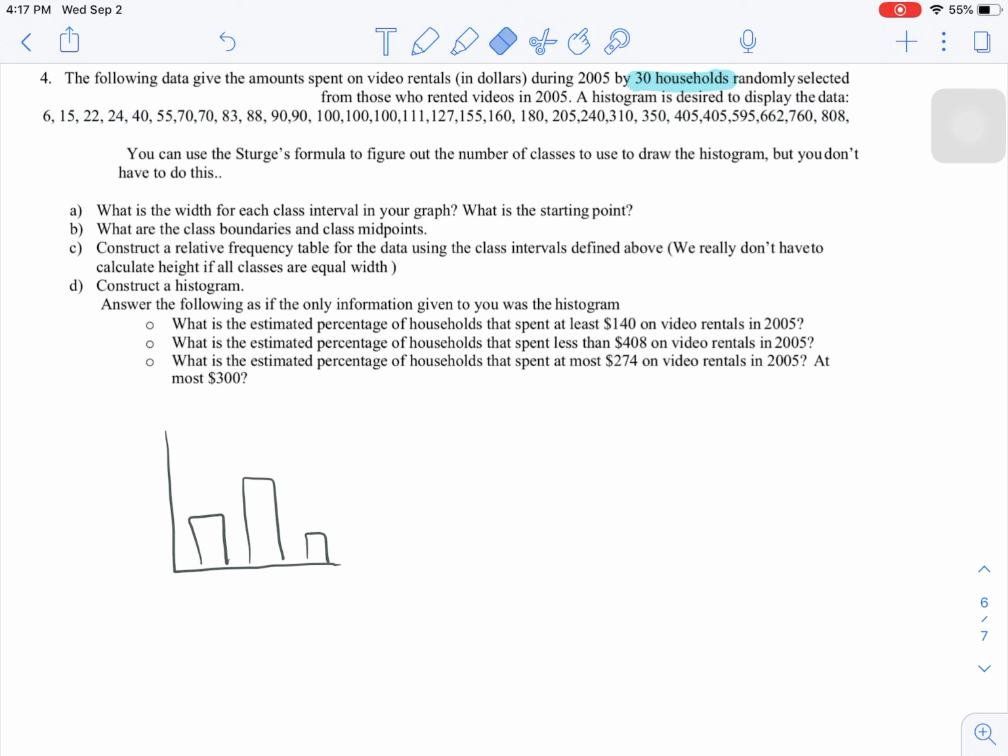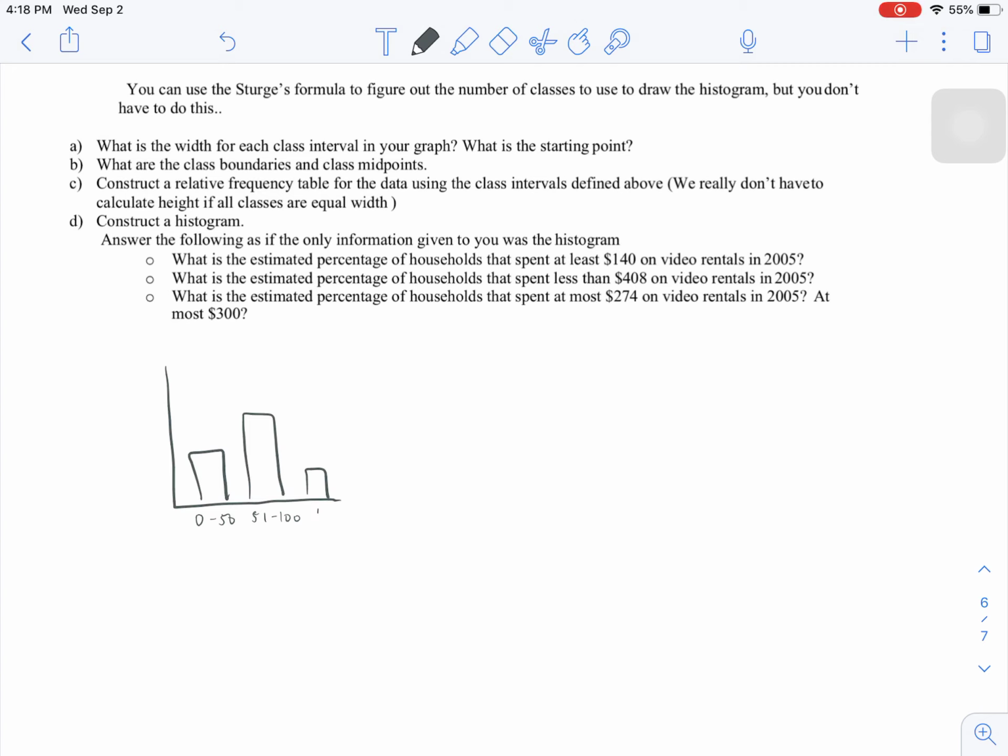And so our histogram consists of a bunch of classes or groups. So in other words, this could be families who spent between $0 to $50. This could be families who spent $51 to $100 and so on. 101 to 150 here.